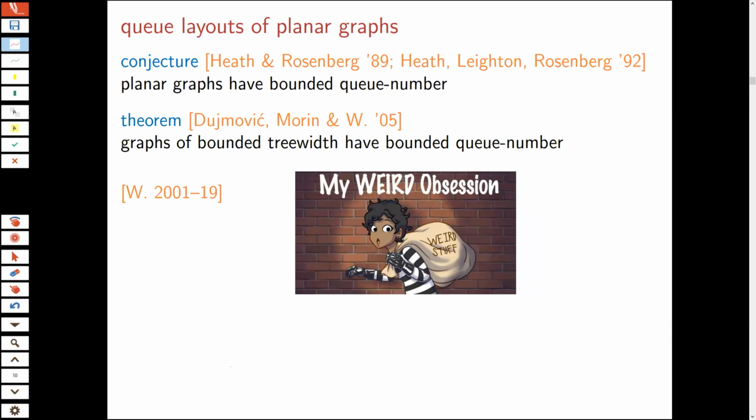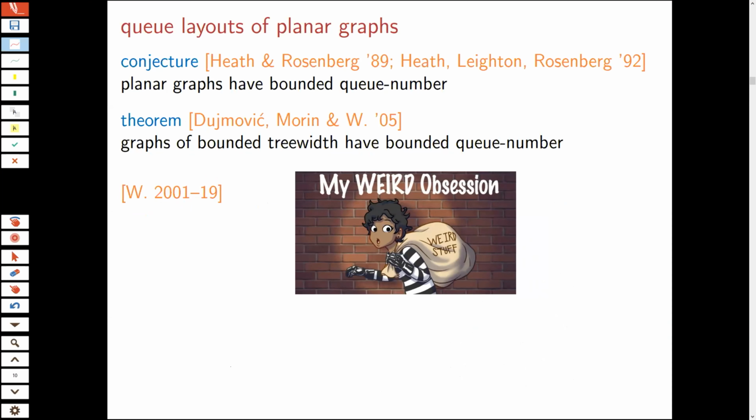So what happened for the next 20 years certainly became my personal obsession. I'll openly acknowledge that. This was the mathematical problem I wanted to solve more than any other, and I tried every trick that was known about planar graphs to solve this question of whether planar graphs have bounded Q number. And I worked on it solidly for 20 years, basically.